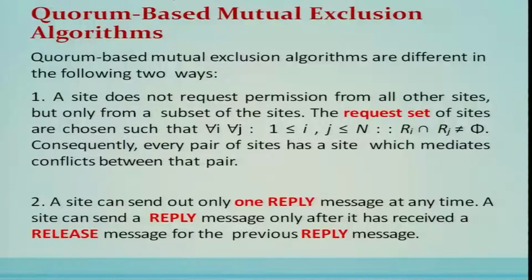Consequently, every pair of sites has a site which mediates conflicts between that pair. A site can send out only one reply message at a time. A site can send a reply message only after it has received the release message for the previous reply message.